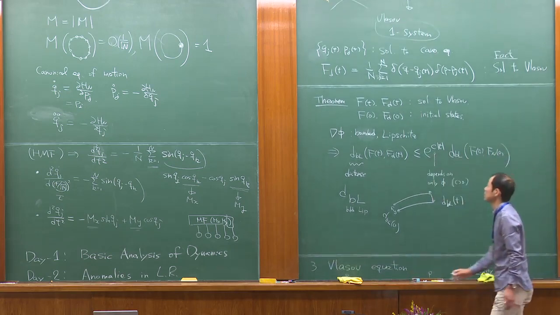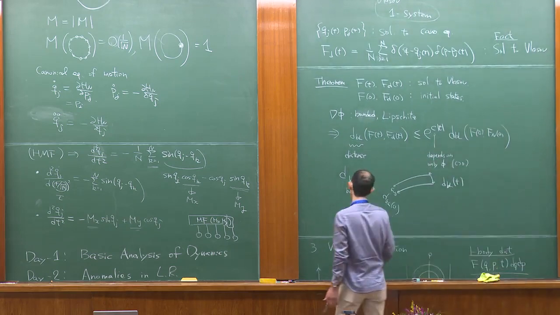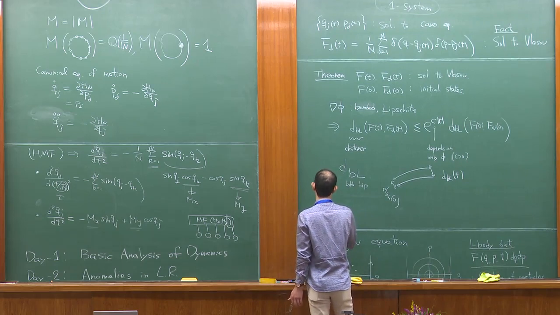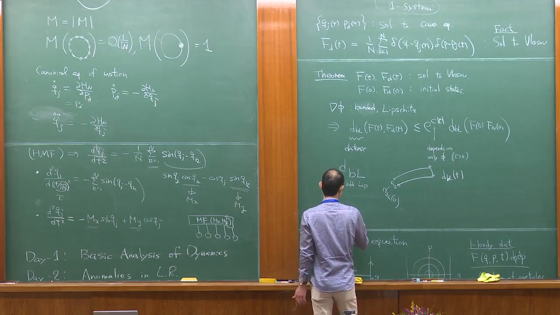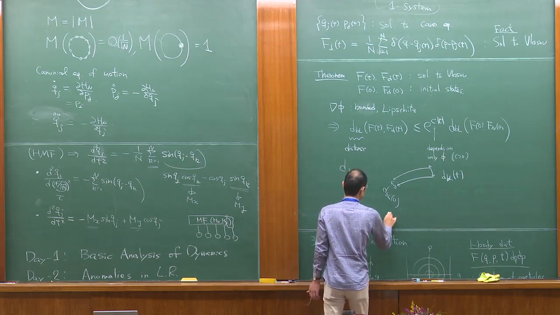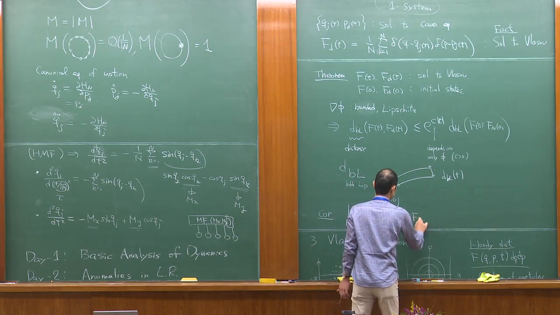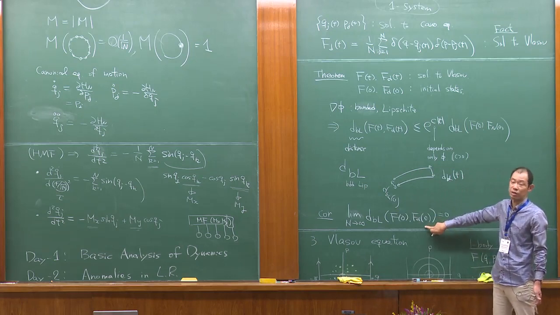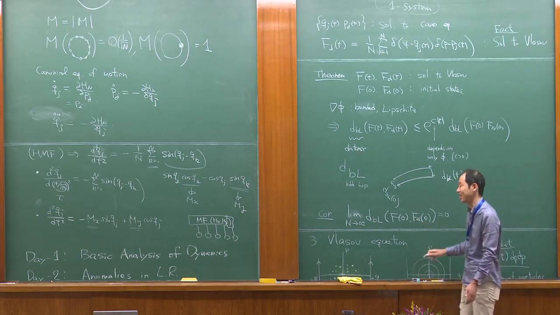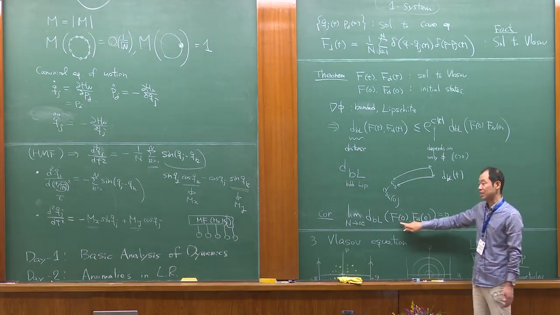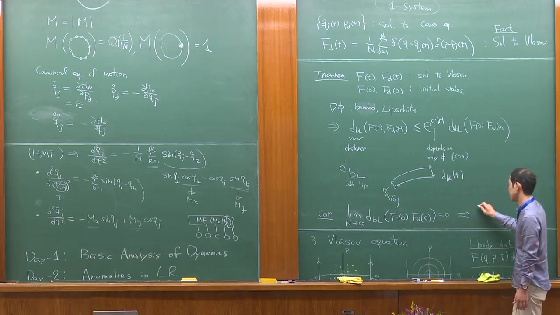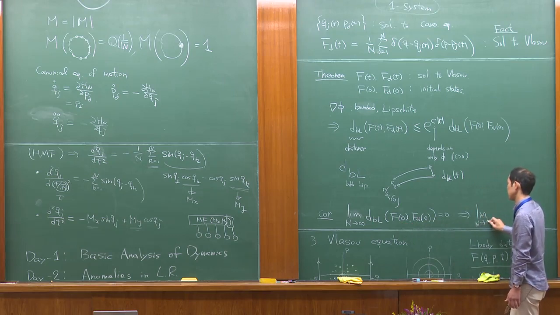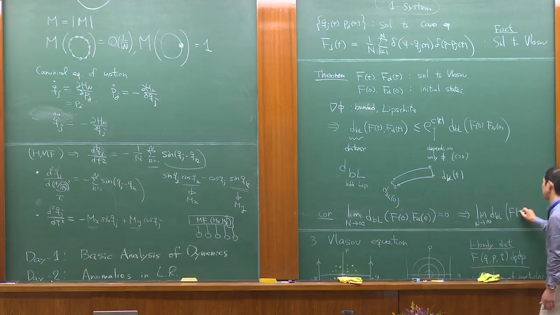The corollary of this theorem is that if we take some distribution function that very well imitates the discrete distribution at the initial condition, then this f_t imitates the n-body distribution always.